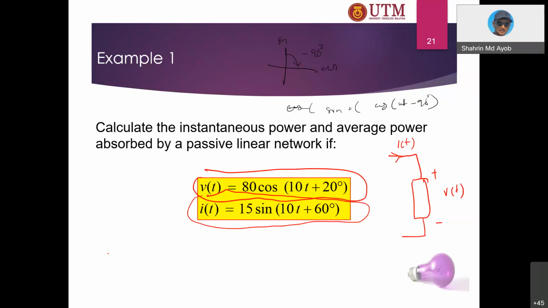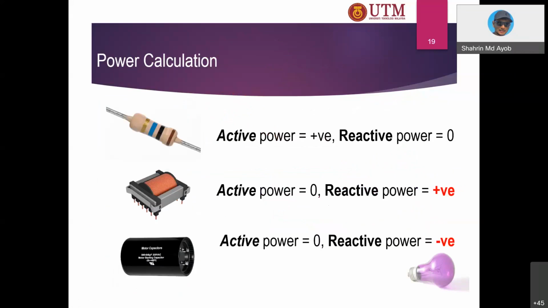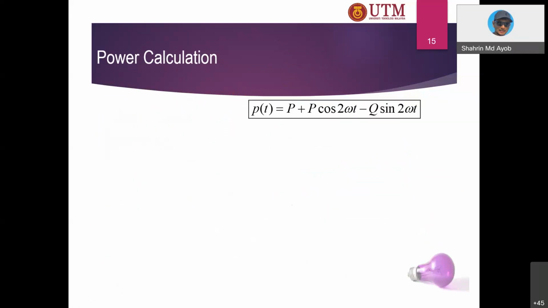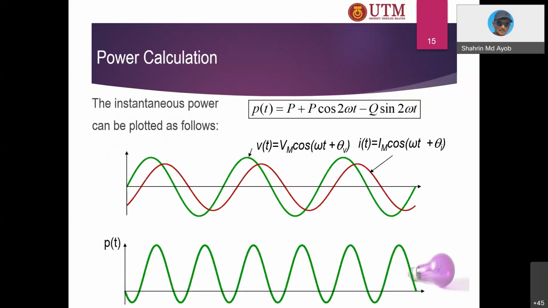We know that in AC power, the instantaneous power is P plus P cos 2 omega t minus Q sin 2 omega t.